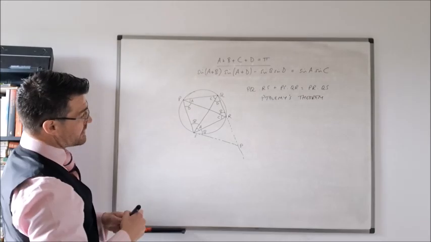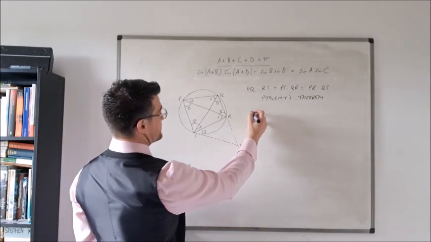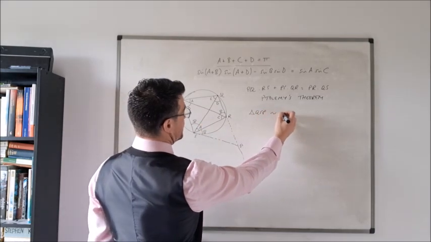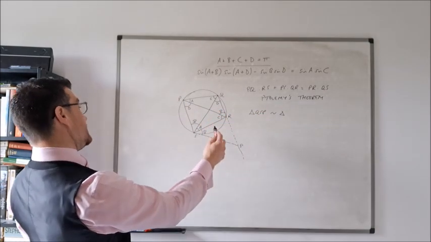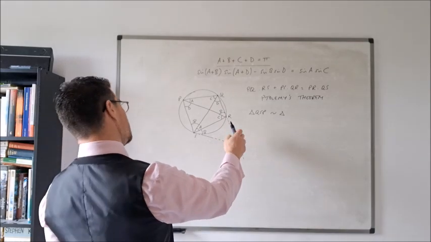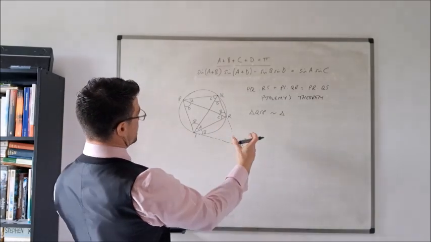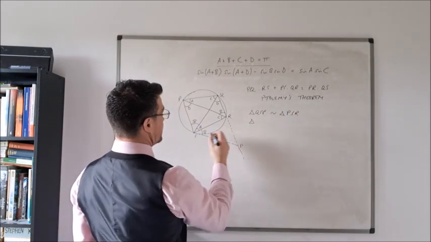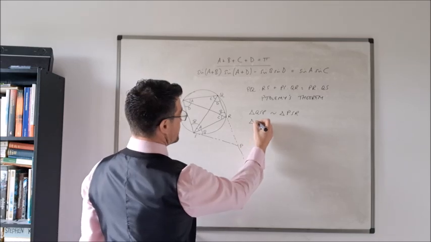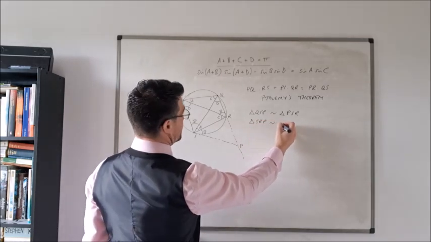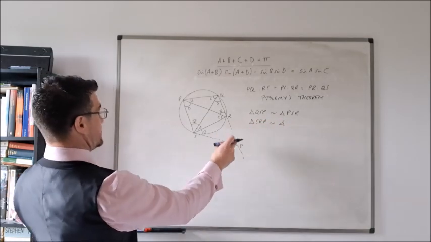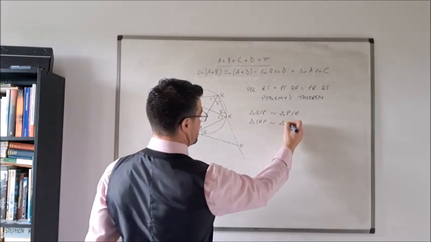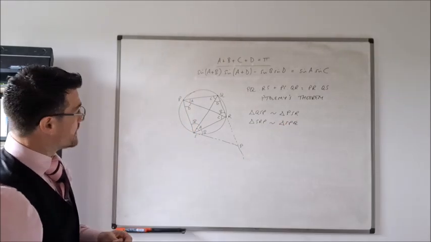Then you can prove that the triangle QSP is similar to the triangle PSR, and also that the triangle SRP is similar to the triangle SPQ.